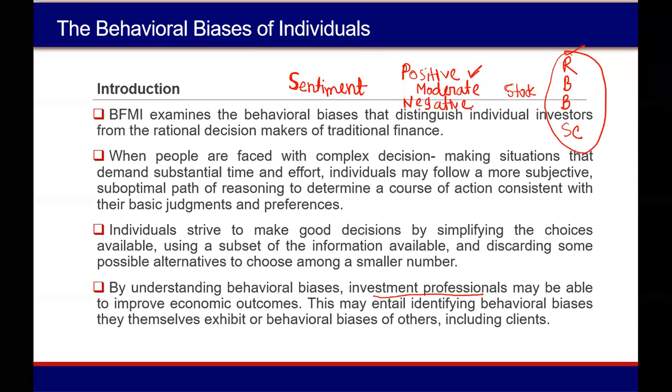What is the likely response if it happens? What will happen? It's a bubble. The market will be overvalued. The market will become overvalued. Yes, sir. So investors are very likely to increase their investment in the stock market at this point in time.